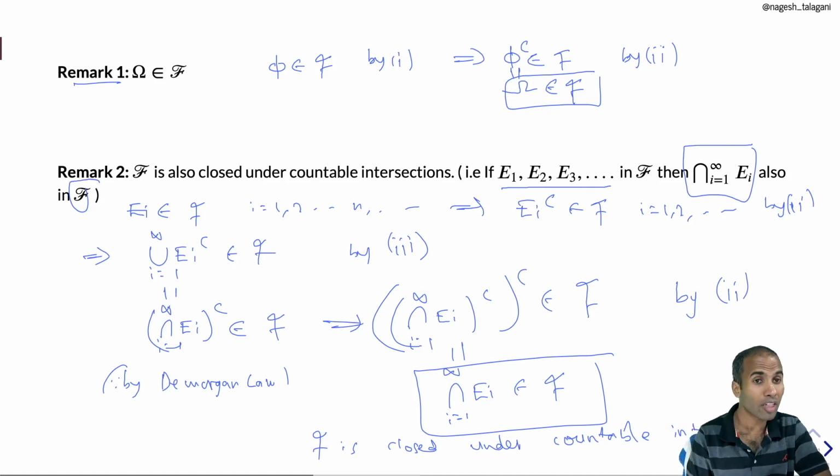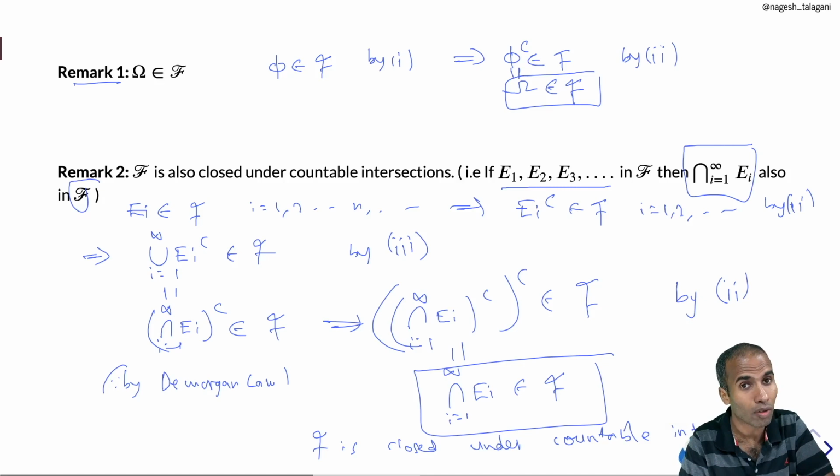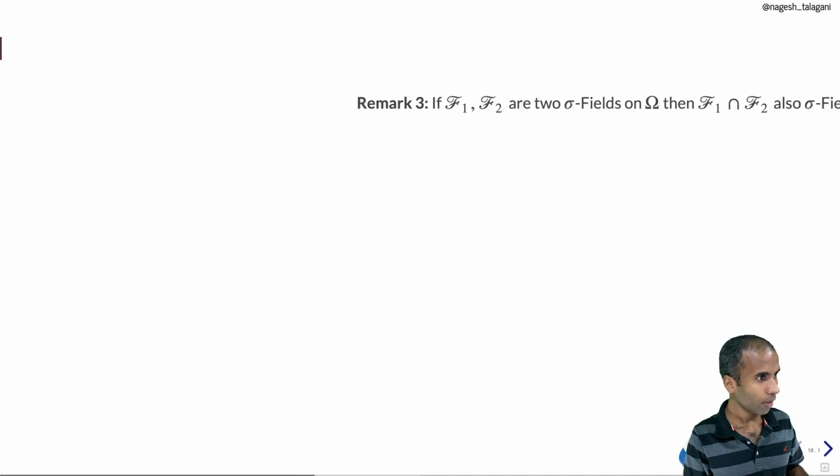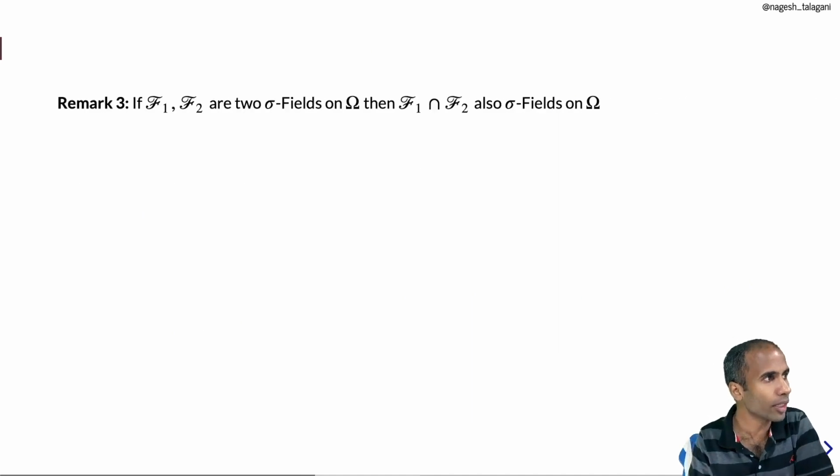So our event space is also closed under countable intersection. Okay, fine. Let me clear this. Next, remark 3. Intersection of two sigma fields on omega will be again a sigma field on omega.